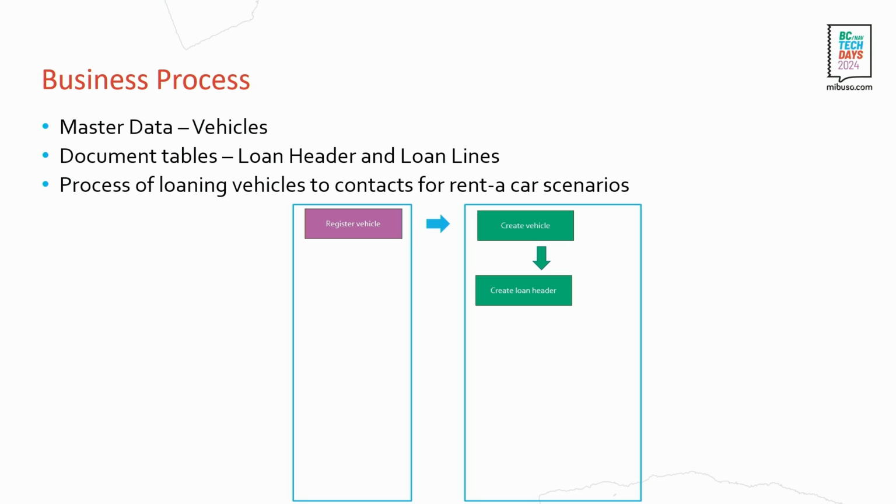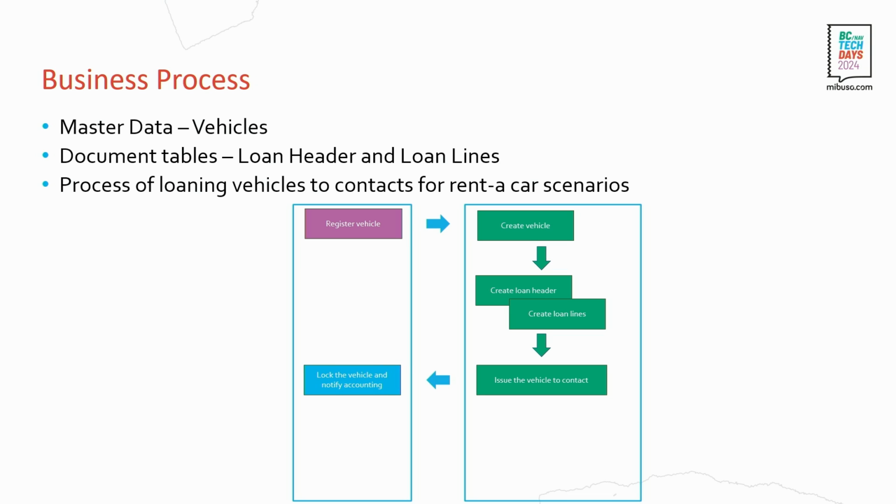We will have loan header and loan lines, and we will create them. After that, we will publish them and issue that loan or rent-a-car to our contact. We will flag our car as loaned, so no one can use it anymore in other scenarios.